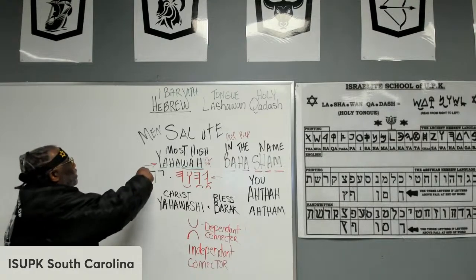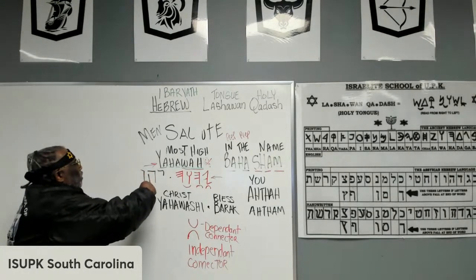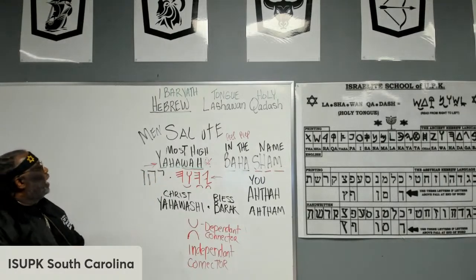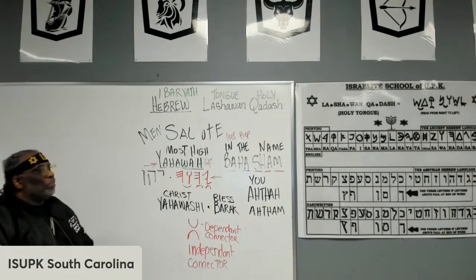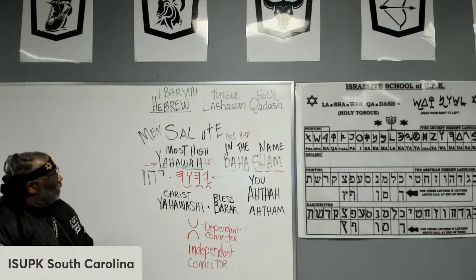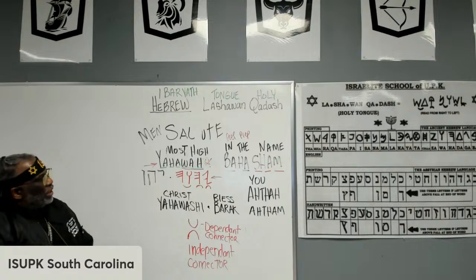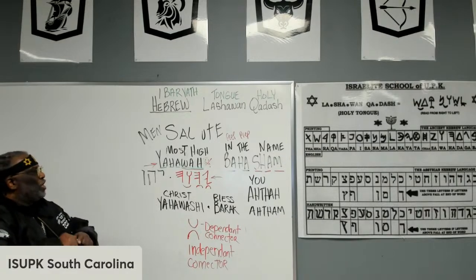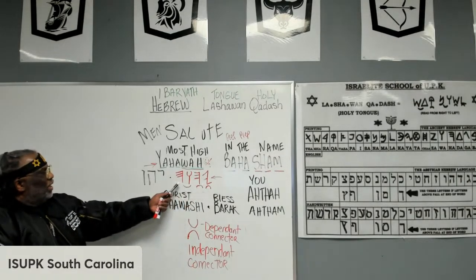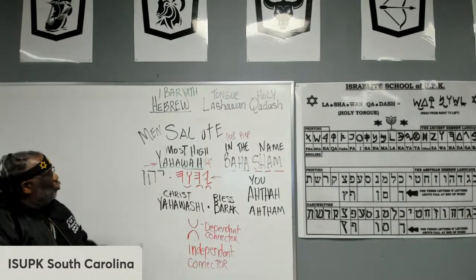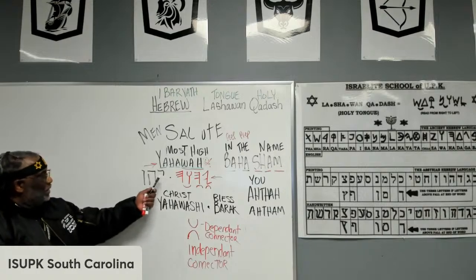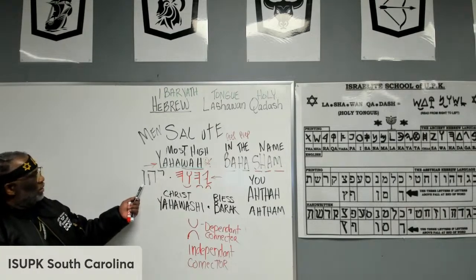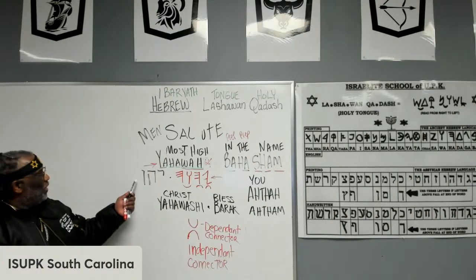How about this? Now, there we go. Yah-ha-wah. Okay? Now, do we need another one? If you didn't know the understanding of the ancient Hebrew, you wouldn't understand how to put another symbol on there. Because Yahweh. You don't know that you've got to put another ha out here.